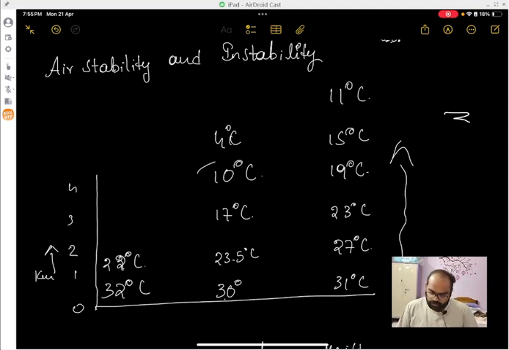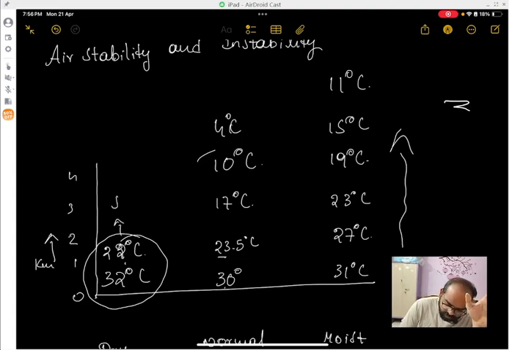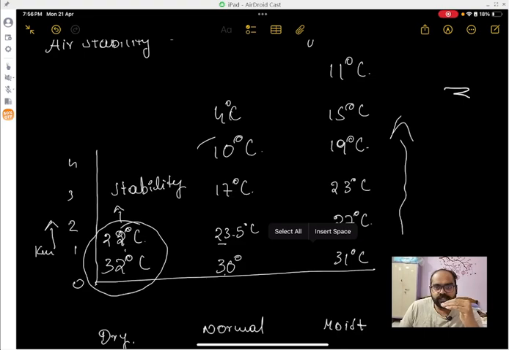And dry air rose for 1 kilometer, and it got reduced compared to the surrounding temperature, and it does not rise further. That means dry air attained stability. Normal air attains stability at a much greater height than dry air, and moist air attains stability at a much greater height than the normal air.